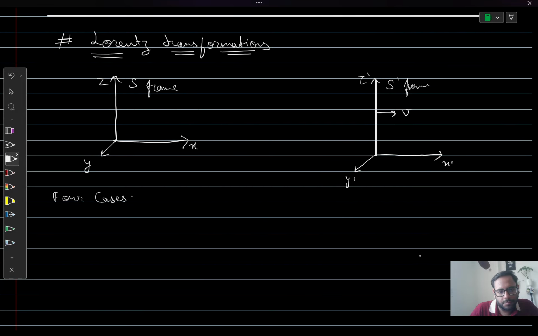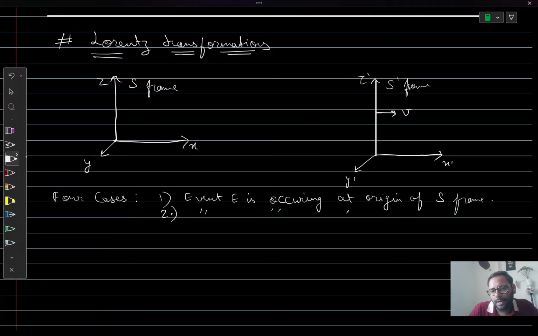Now we will consider four cases. Case 1, event E is occurring at the origin of S frame. Second case, event is occurring at the origin of S prime frame.